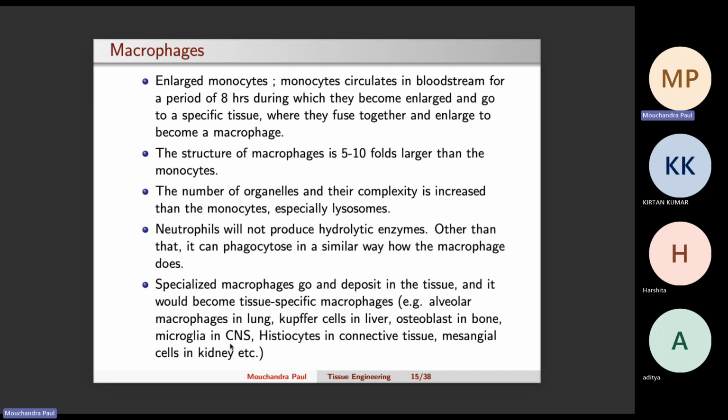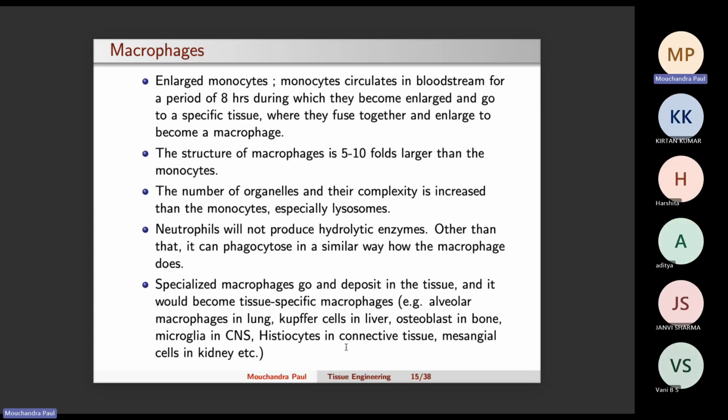Microglia are present in the central nervous system, basically in the brain, not in the spinal cord. Then histiocytes are present in various connective tissues, like cartilage and tendon. Then mesangial cells are found in the kidney. There are also tissue specific macrophages found in the skin called Langerhans cells.